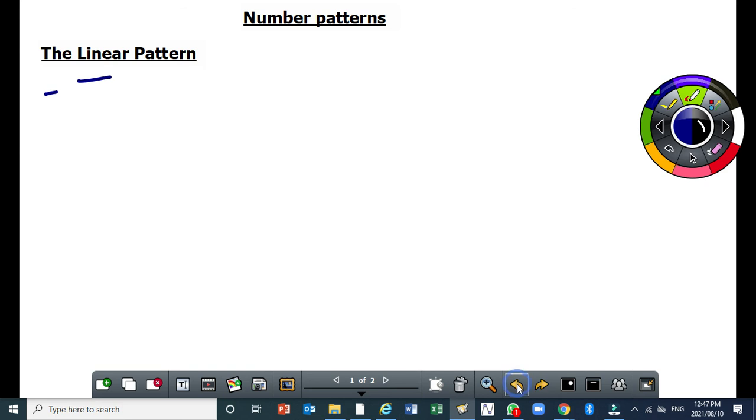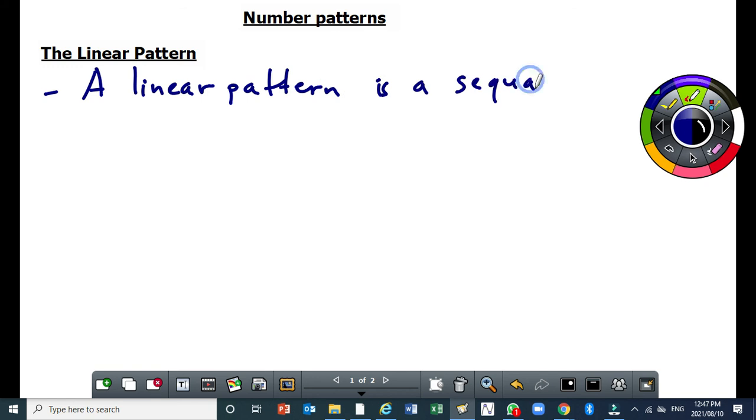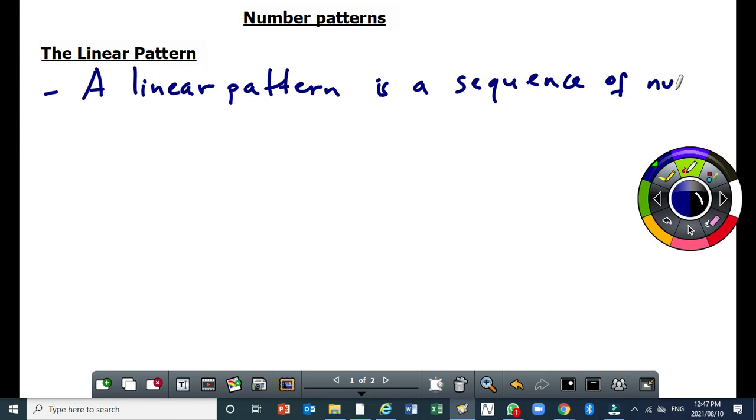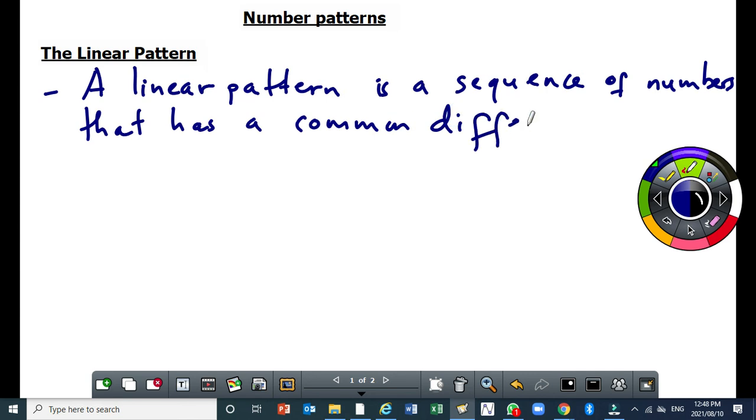Let's start by defining rather what a linear pattern is. A linear pattern is a sequence of numbers that has a common difference between any two consecutive terms.